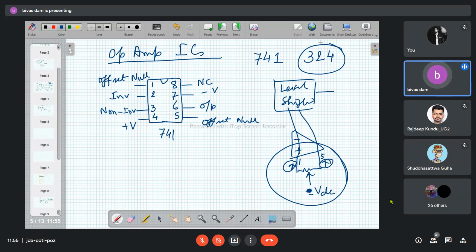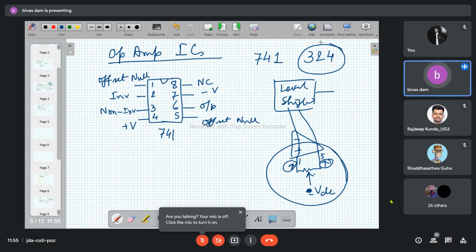Even after 1 hour, that adjustment may not be valid. So always you have to go on adjusting. That is very troublesome, and we hardly ever go for that one. So even if this offset null facility is available, in practical scenarios, that is not much of use.